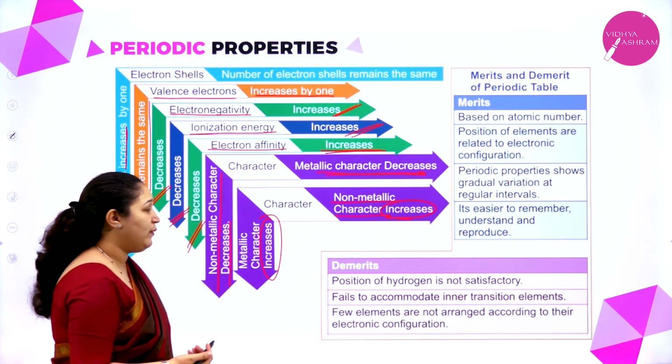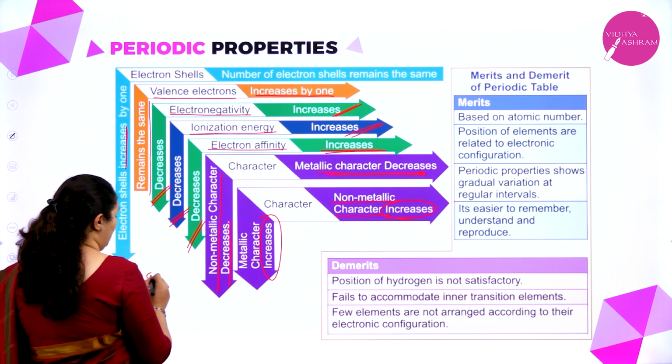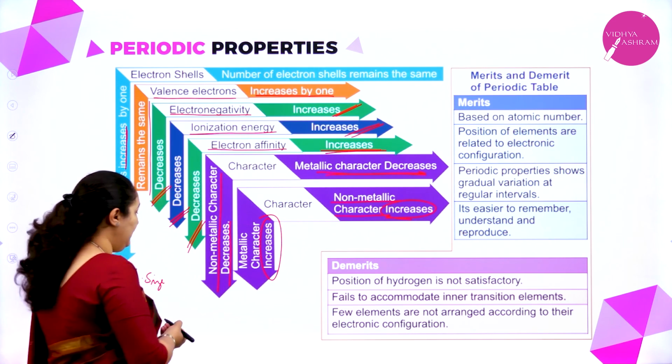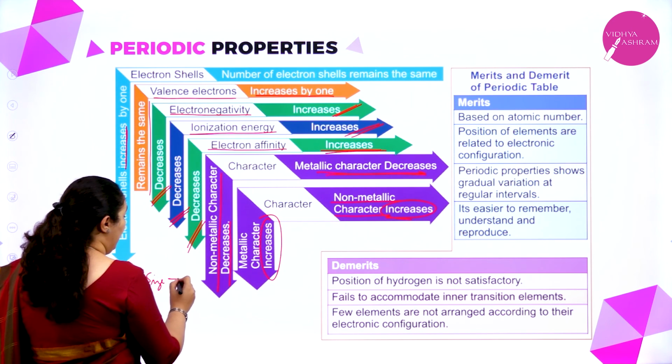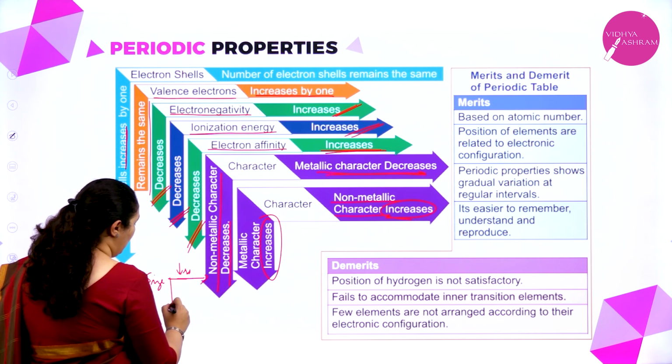There is one more way of remembering it. See, atomic size, or atomic radius, also I can tell. What happens along the period? Along the period it is reducing, down the group it increases.